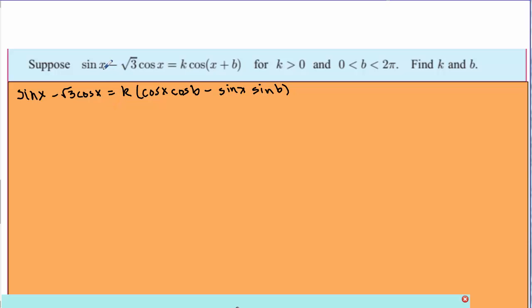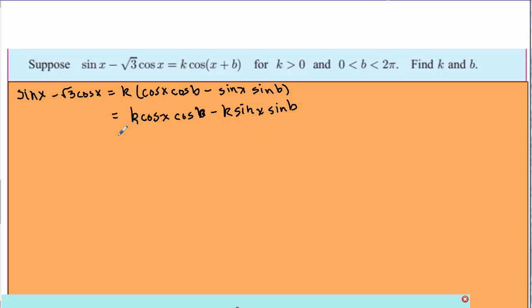Let's try to get all the cosine x's together and the sine x's together. So let's distribute this k and call this k cosine x cosine b minus k sine x sine b.